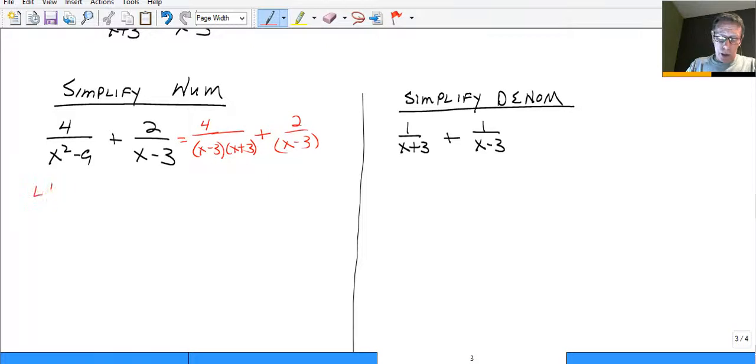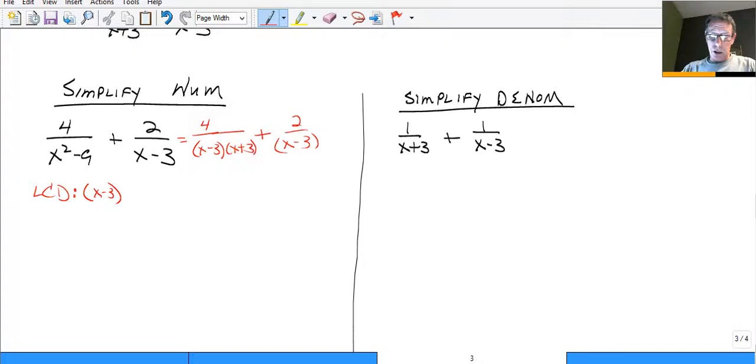So my LCD, let's take a look at the first fraction, and it's got a term of x minus 3. And the power on that is 1. So I'm going to look in my other denominators and see if that factor exists, if it has a greater power. And it does exist, but it's also got a power of 1. So I know that my LCD has to have x minus 3 to a power of 1.